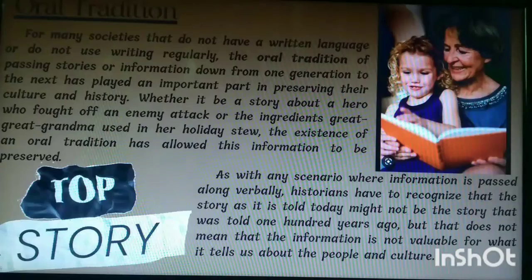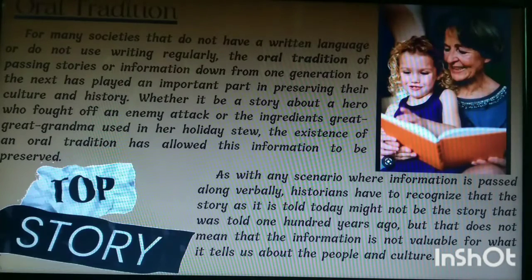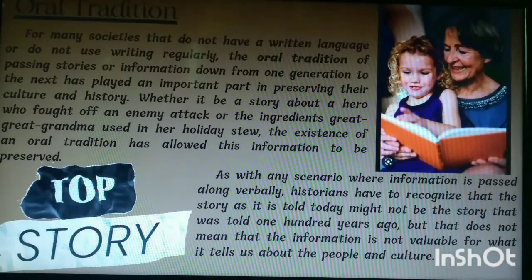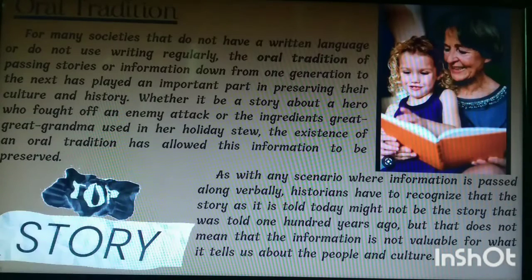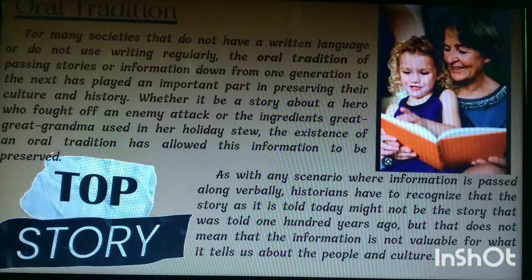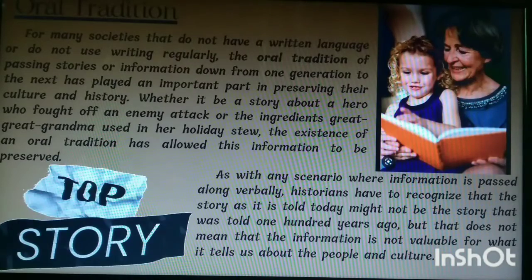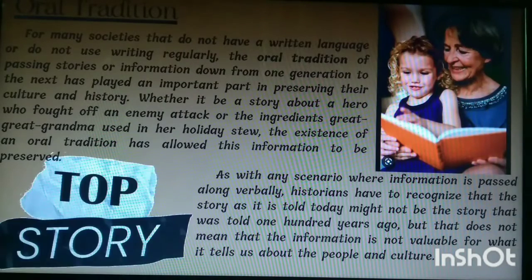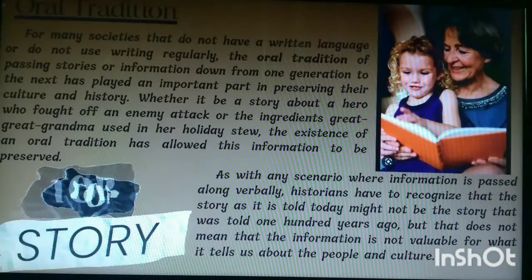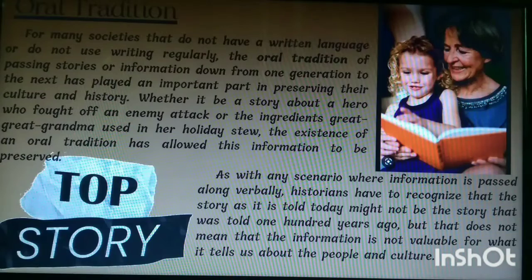Now let's see why oral tradition is considered as one of the sources. For many society that does not have a written language or do not use writing regularly, the oral tradition of passing stories or information down from one generation to the next has played an important part in preserving their culture and history.